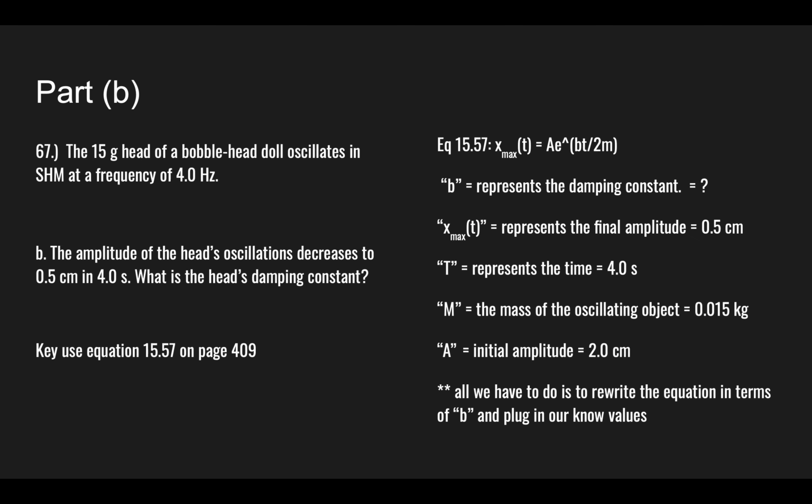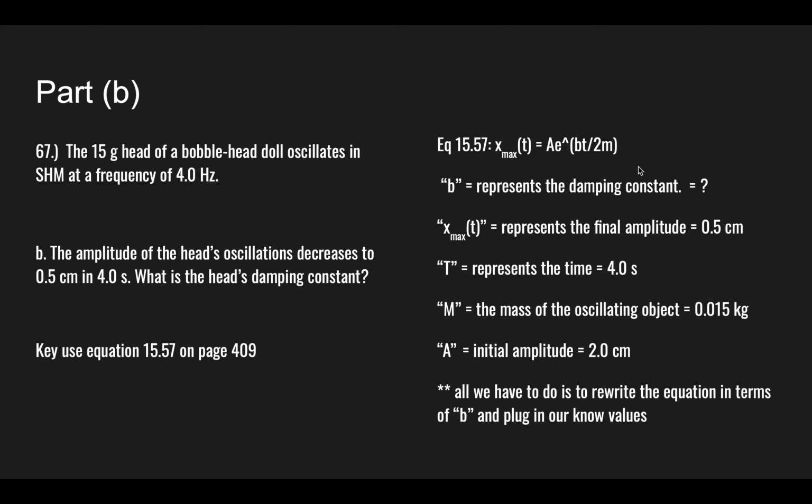For part B, it's a little bit more complicated. I restated the question again, and for this one, we use equation 15.57 on page 409. It took me a while to find it because it's so small, but this is basically what it looks like. It says x max at time t is equal to the amplitude times e raised to the bt divided by 2m.